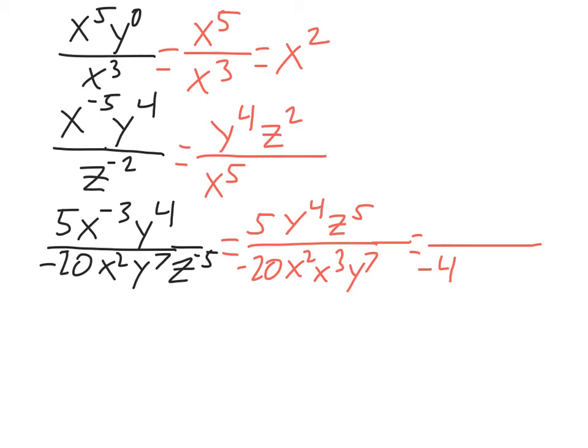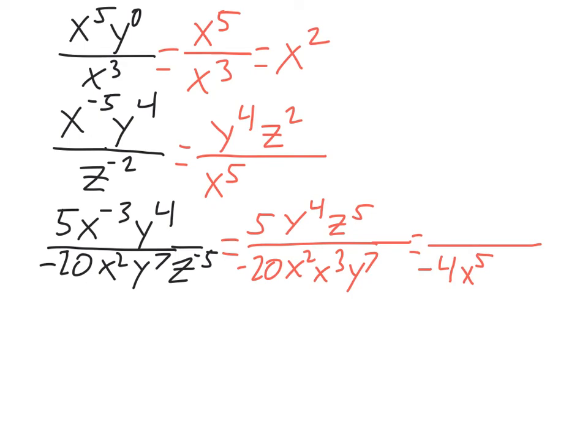Then the x's. We have two x's both on bottom. Since they're both in the same spot, those are multiplying, so you add the exponents. So that gives us x to the 2 plus 3, which is 5. Then the y's. Y to the fourth divided by y to the seventh.